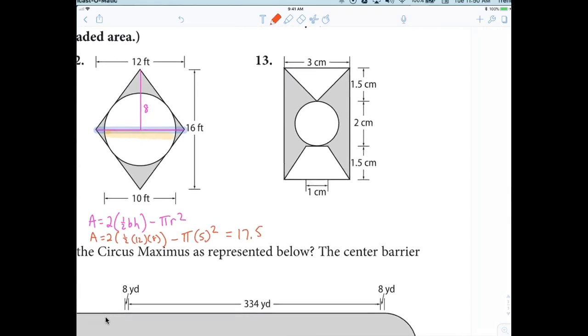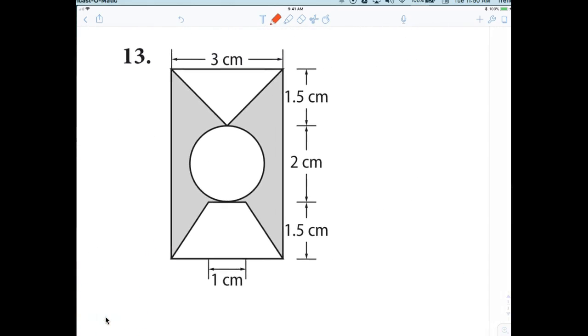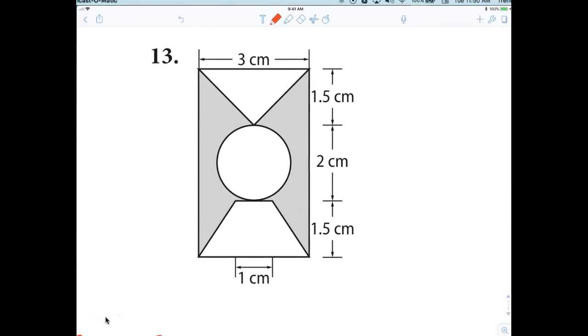Now, the last one we're going to look at is question number 13, which again is really nice. I want someone to tell me what's the big shape that they see. Yeah, exactly.